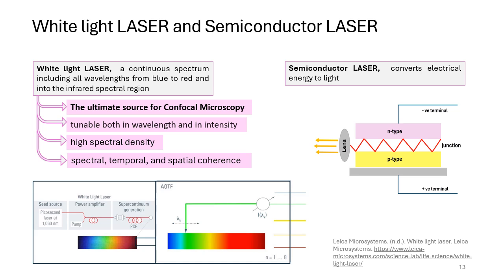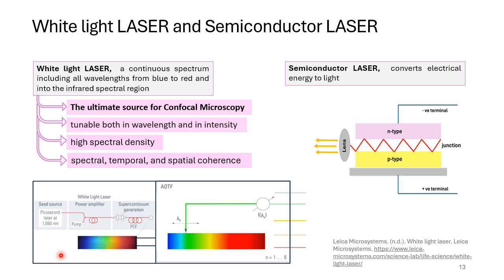So what happens is a source of IR laser emits light pulses, which is used as a seed, and these pulses are subsequently amplified and focused on the photonic crystal fiber.